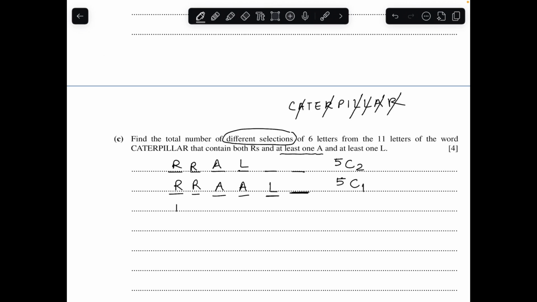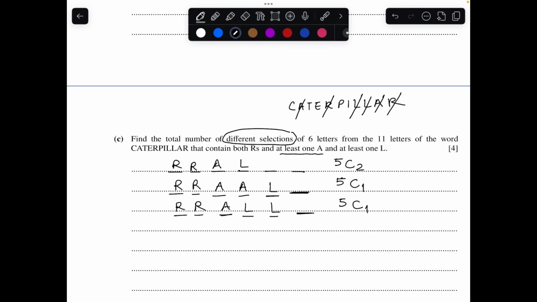Okay, so let's play around with the L's now. Let's say there are 2 R's, 1 A and 2 L's. So again we are left with one space which can be filled up by any other letter. So this is 5C1. It's also possible that you have the 2 R's there. We include both the A's and both the L's.